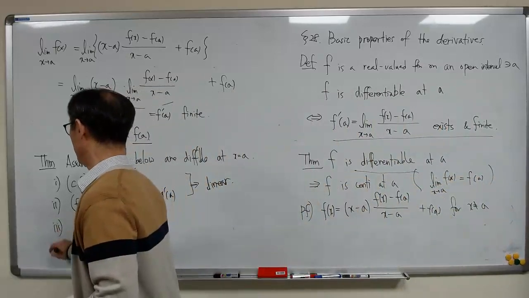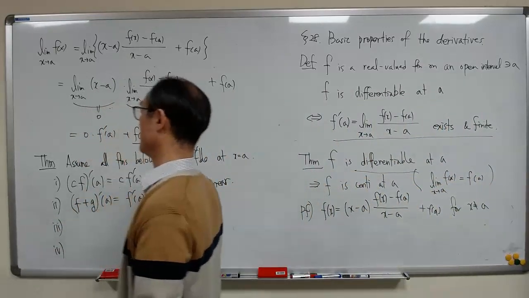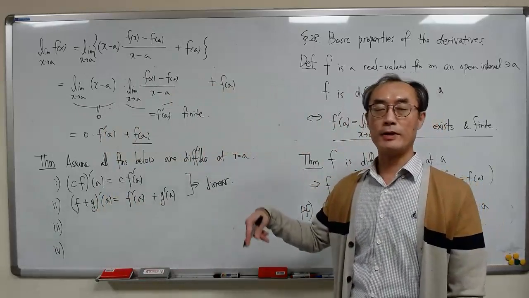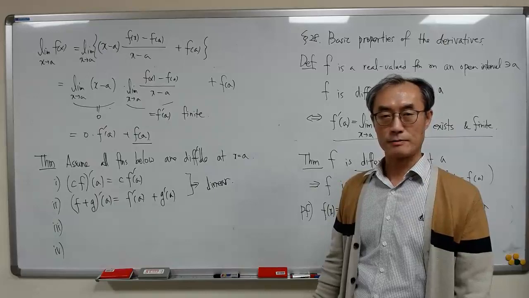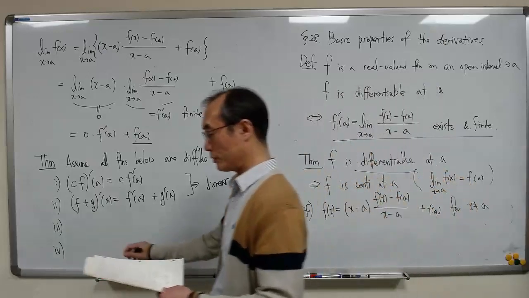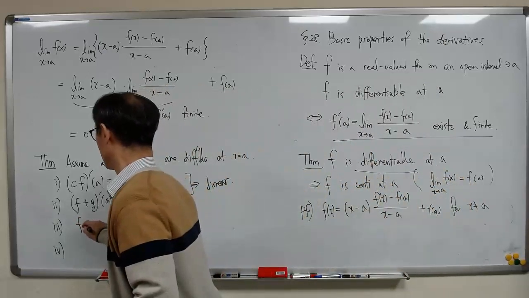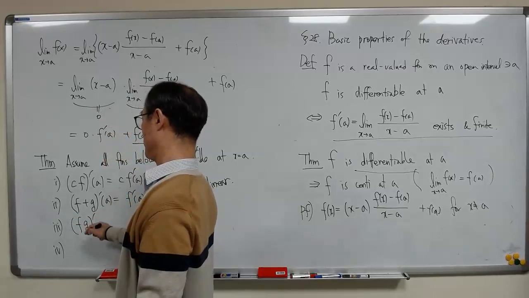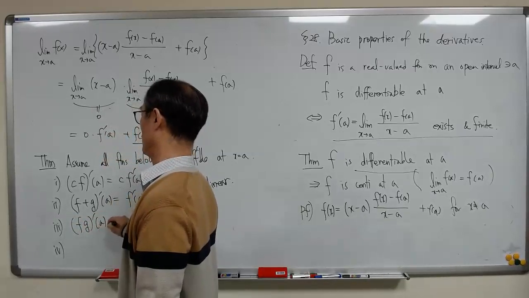And the fourth formulas are the derivatives for the product and the division of two functions. I think all of you know how to compute the derivative of a product.